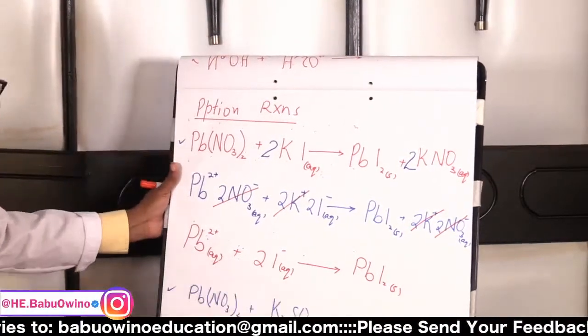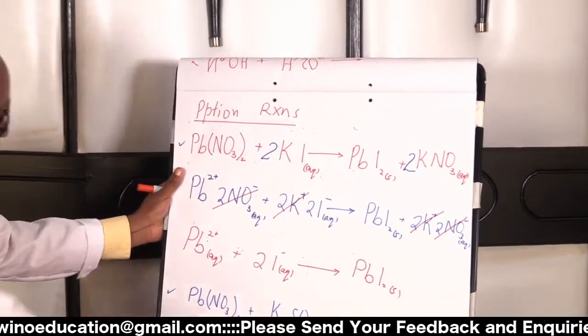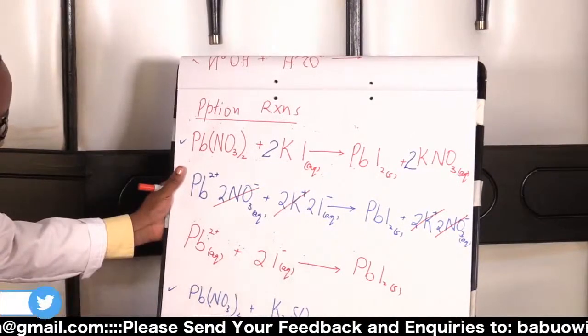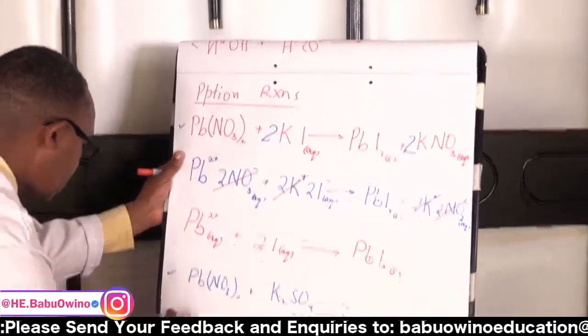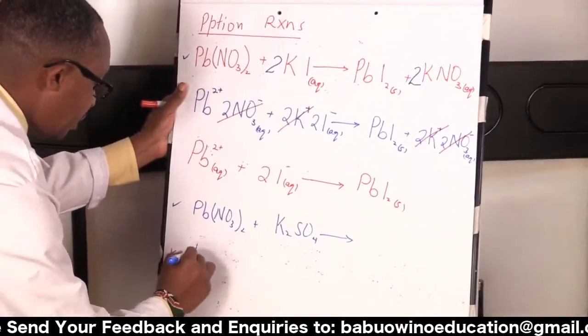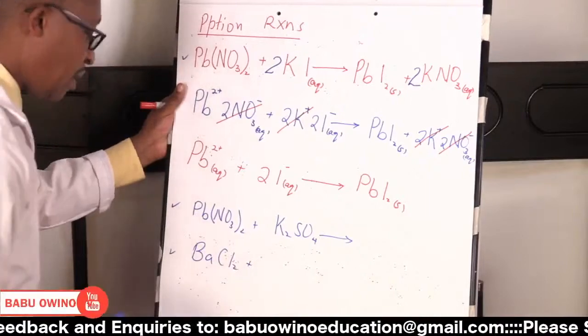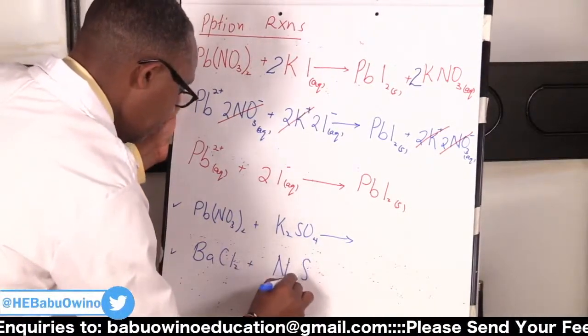So you can finish up that lead nitrate plus potassium sulfate. Complete it, make it stoichiometric, balance it, put the state symbols, and work out the ionic equation. You can look at barium chloride, combine it with sodium sulfate.